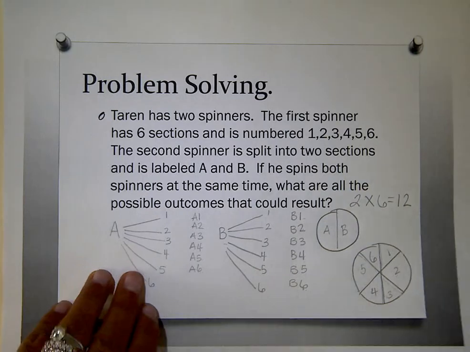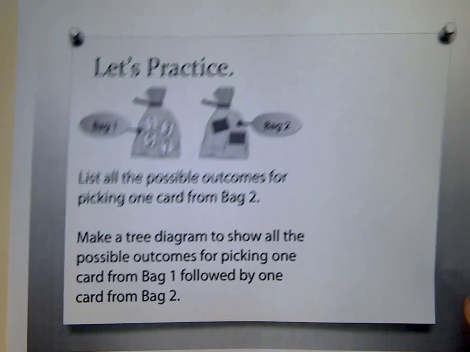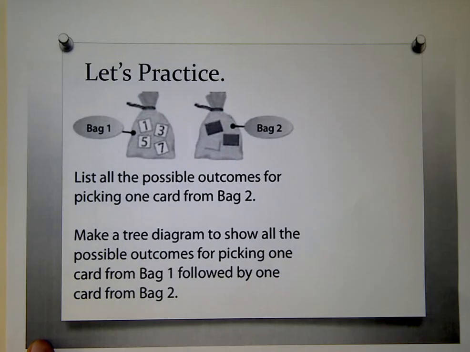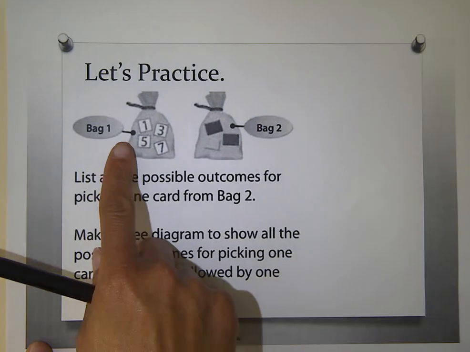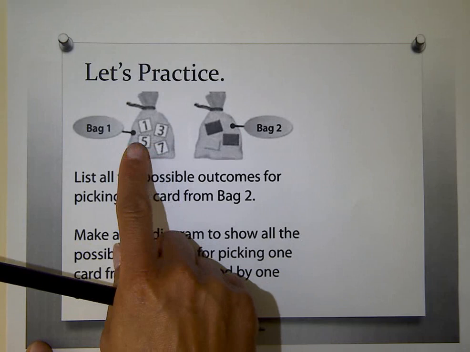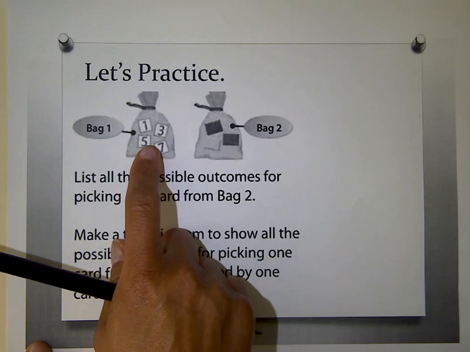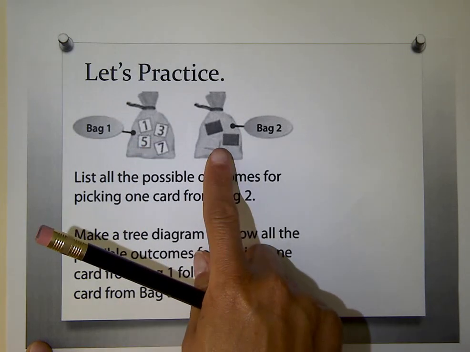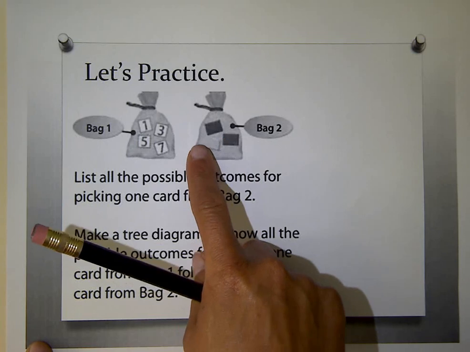Let's look at practice. I have bag 1 that has numbers 1, 3, 5, and 7 in it. And bag 2 has 3 colored rectangles.